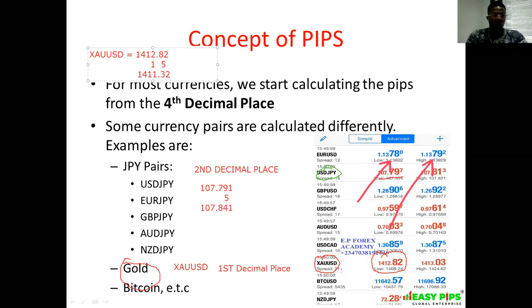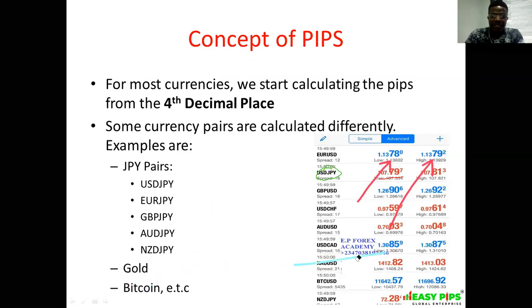So the new value will be 1411.32. So gold is calculated from the first decimal place. Don't forget, JPY pairs are calculated from the second decimal place, and for other currency pairs, you calculate them from the fourth decimal place.